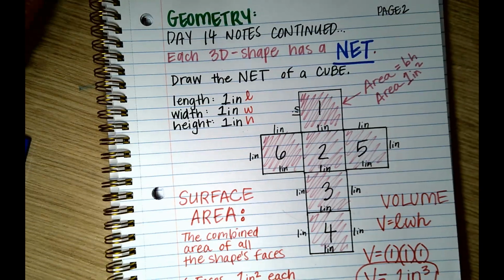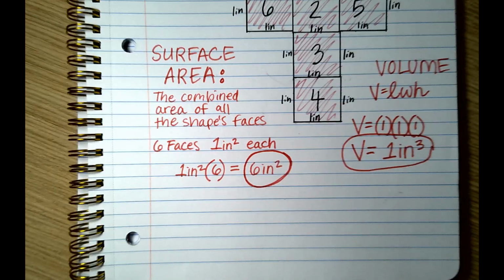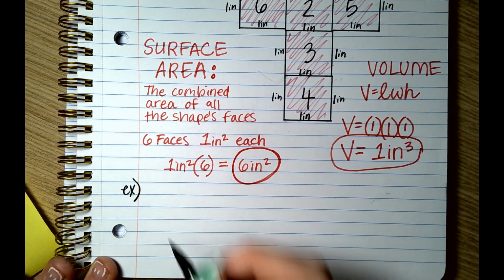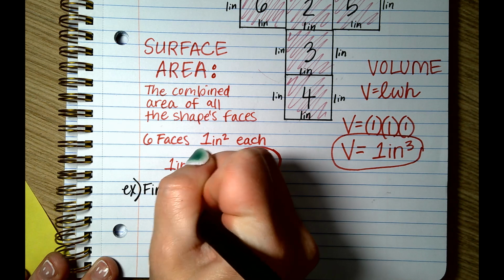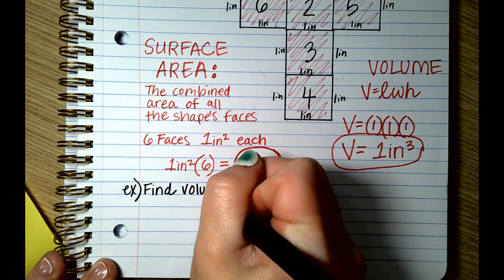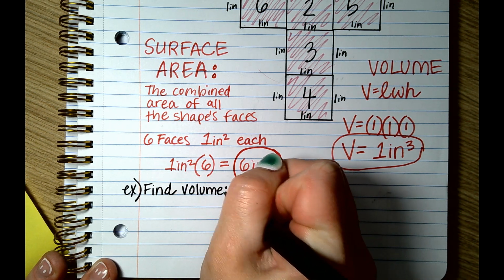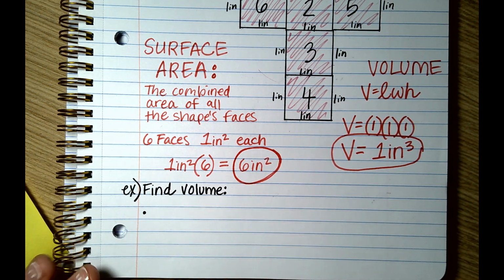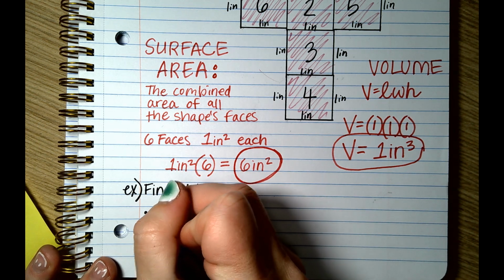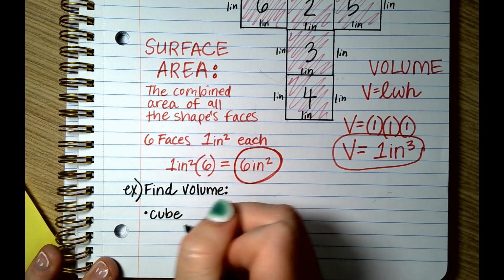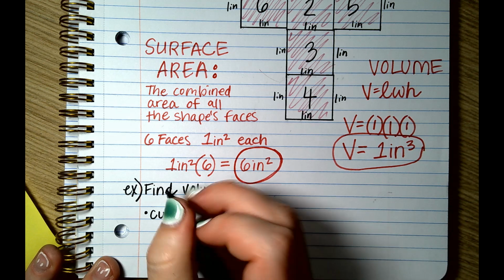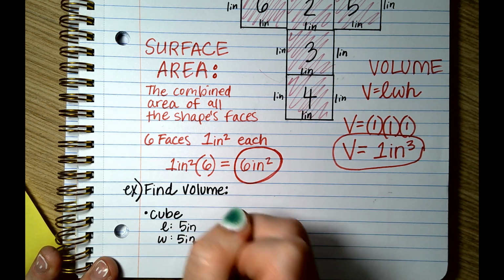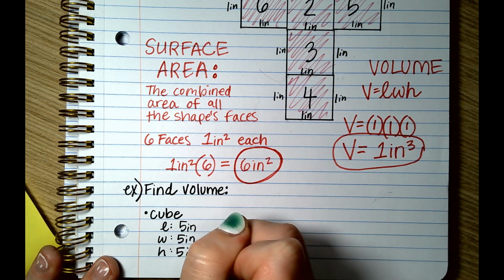What if we find the volume of a cube with a length of 5 inches, a width of 5 inches, and a height of 5 inches?